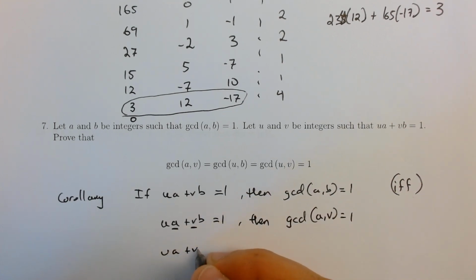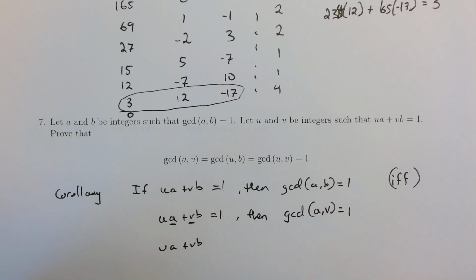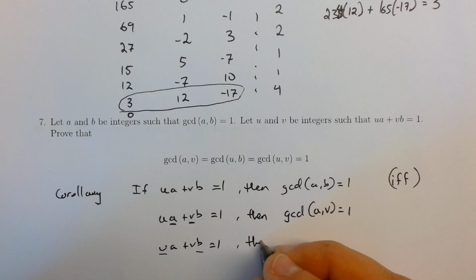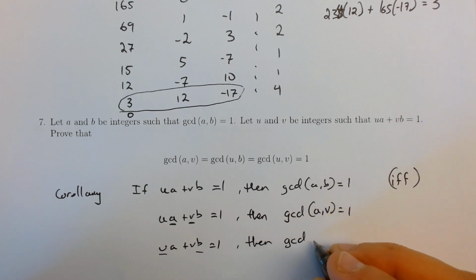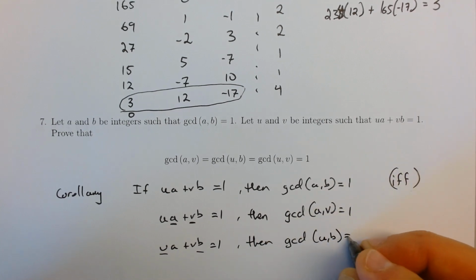How many other ways can we focus in on them? So to get U and B, I could focus on these two. And so the A and V would be the multiples of those numbers giving me 1. So that would mean the GCD of U and B is 1.